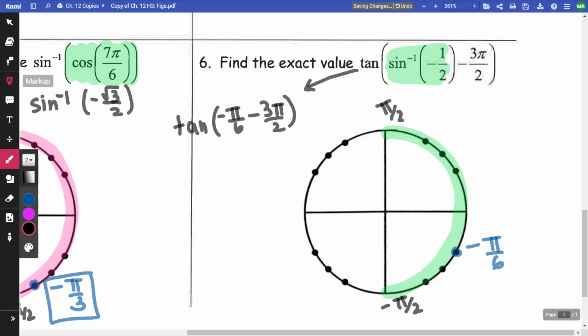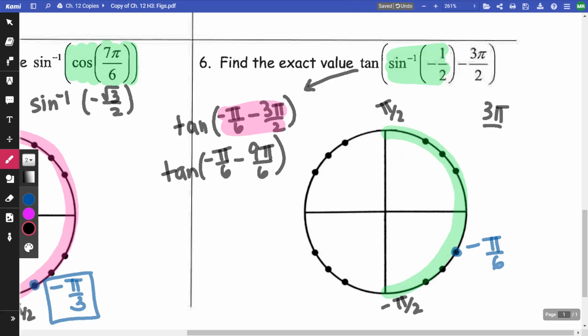Now I'm just going to do this math here and clean that up. Let me rewrite this, both in terms of 6. So this is going to be negative pi 6. The other one, if I multiply top and bottom by 3, is going to be negative 9 pi 6. I'm just getting a common denominator, taking 3 pi halves, multiplying by 3 on top and bottom.